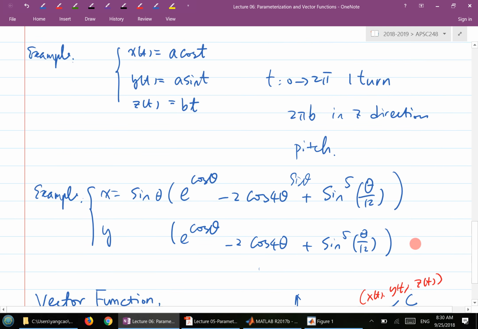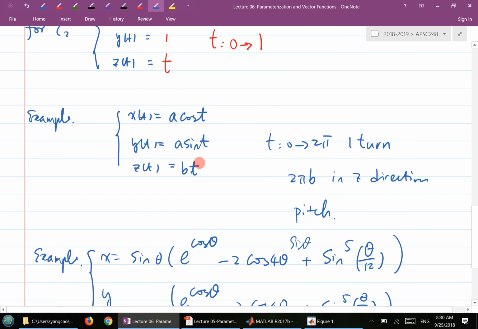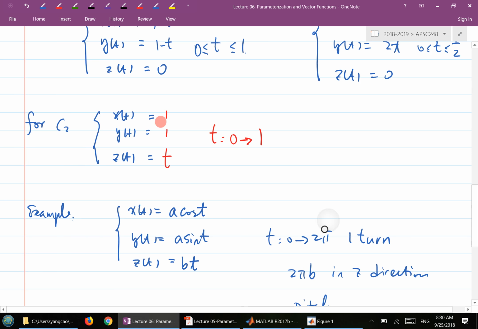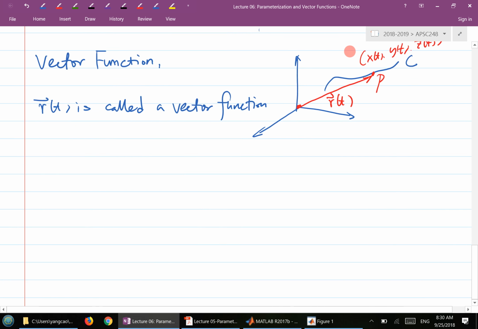Now, coming back to all the parametric equations, all the different types of parametric equations we have derived, I can always write them into a simple short format using this vector function concept.